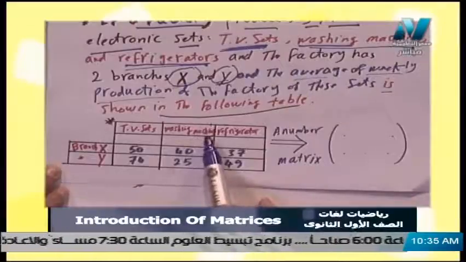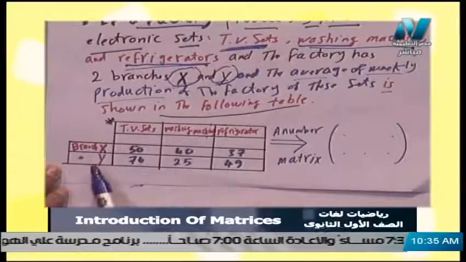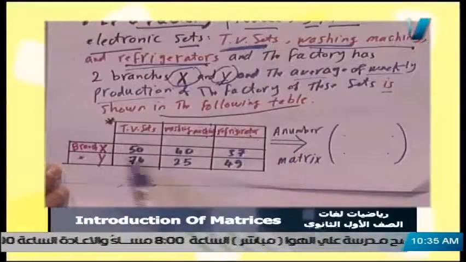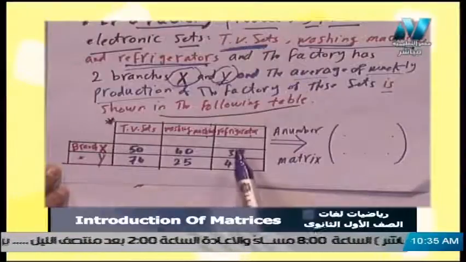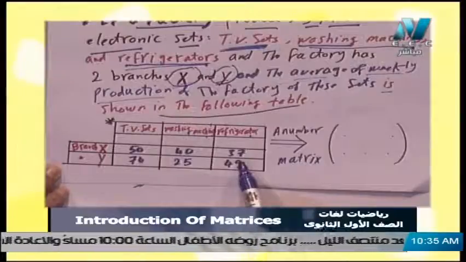Washing machines: branch X produces 40 and branch Y produces 25. Refrigerators: branch X produces 37 and branch Y produces 49.